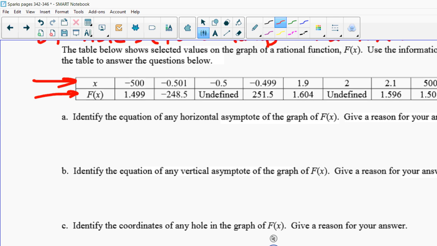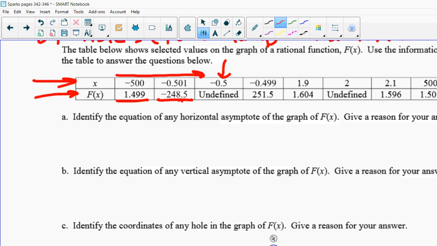And I want you to look at the y values around here. We can determine from the y values what's happening. Why do you think asymptote? Take a look right here. As x is getting closer and closer to -1/2, look at the y values.